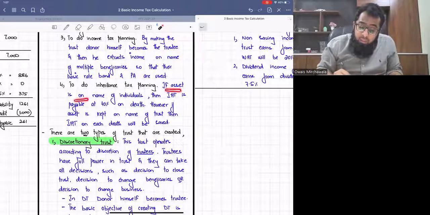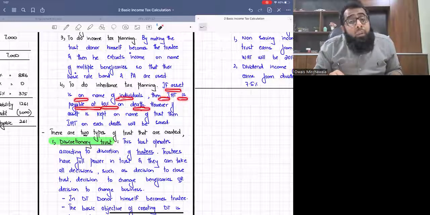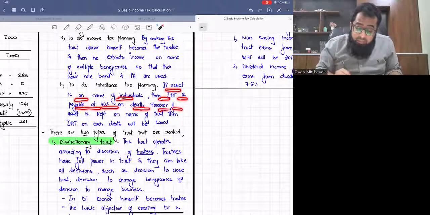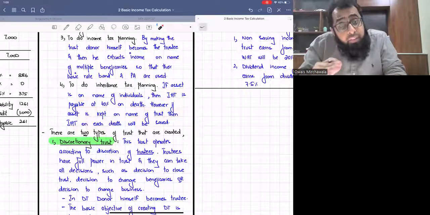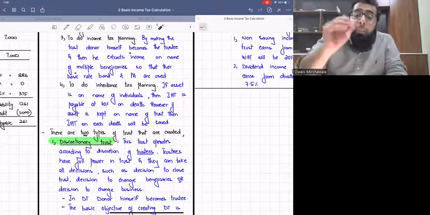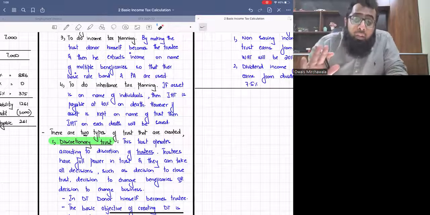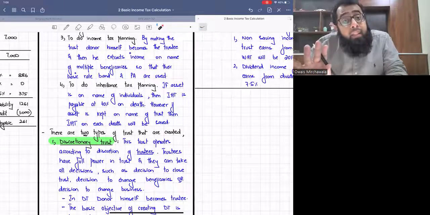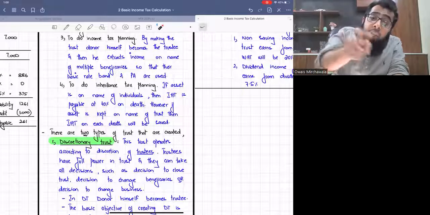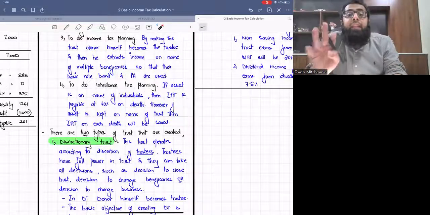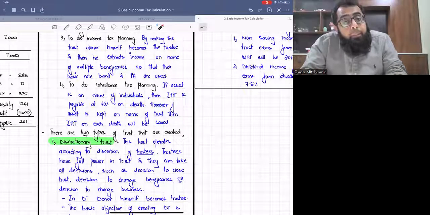If an asset is in the name of an individual, then IHT is payable at 40% on death. However, if assets are kept in the name of a trust, then IHT on each death will be saved. The first time, yes, IHT will be payable when the asset is gifted to the trust. You will study it in inheritance tax. But later inheritance taxes, which would have been payable on every death, would get saved.